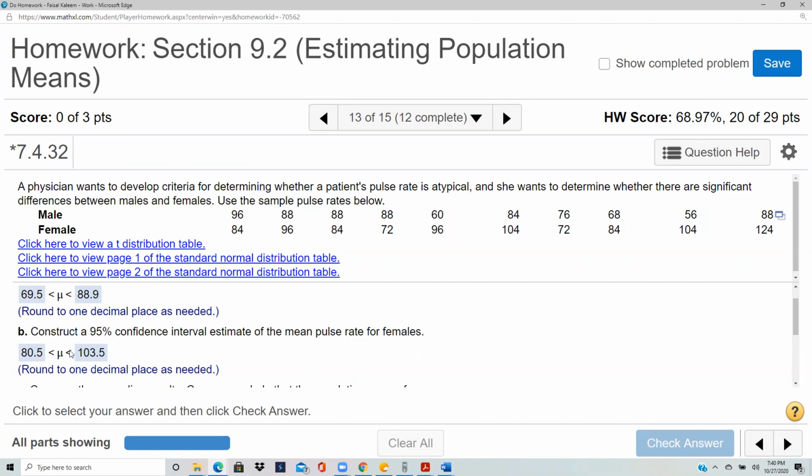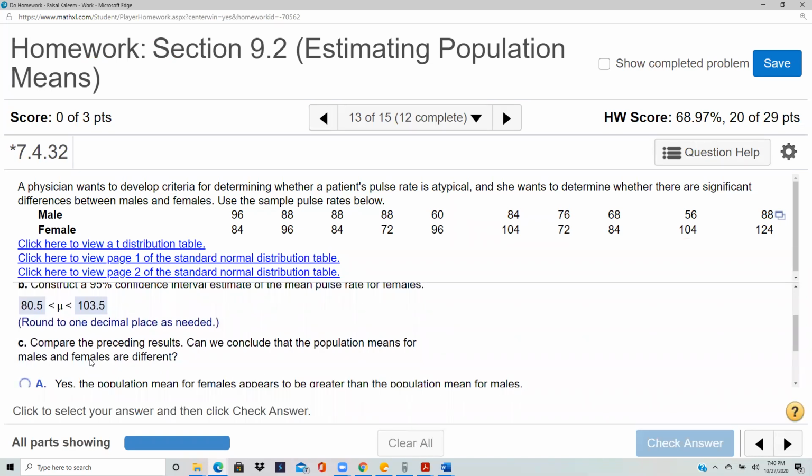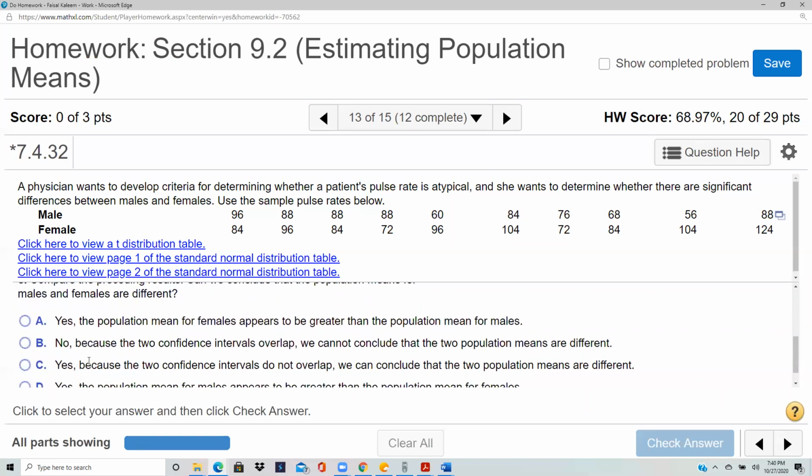They will be different only if these two intervals are completely separate with no overlap at all. So in this case, we cannot conclude that they are different. No, because the two confidence intervals overlap, so we cannot conclude that the two population means are different.